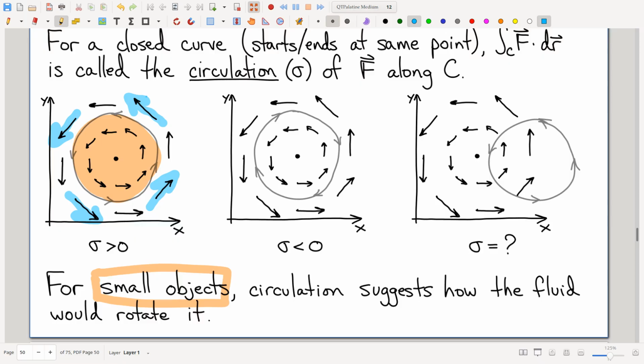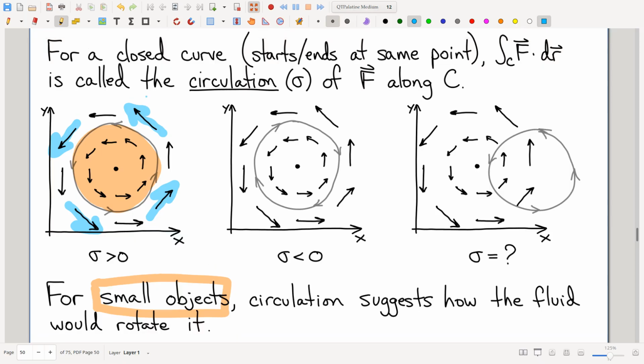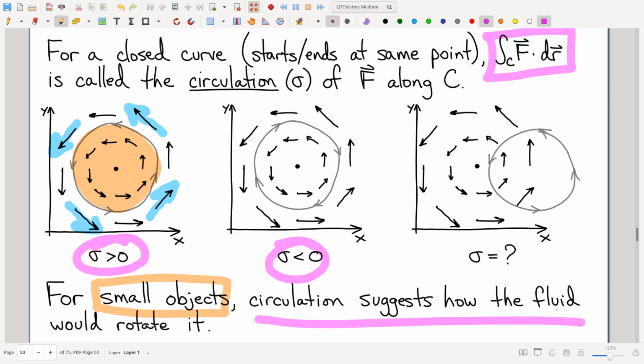So I think another nice way to think about circulation is that its being positive or negative, all relative to the curve that you're comparing it against, is a suggestion of how that small object is going to get rotated by the fluid. Circulation counterclockwise would suggest that the little floating thing would also rotate counterclockwise. Does that seem reasonable? Okay.